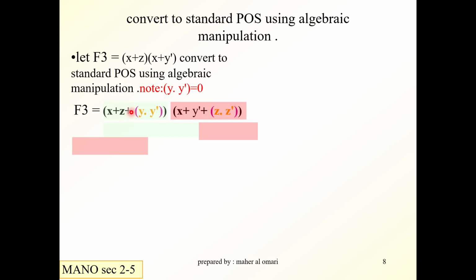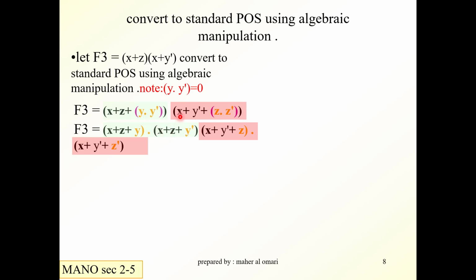Now we use the distribution law. We distribute this over the AND, and this is equal to x or z or y, which is this, ANDed with x or z or y bar, which is this.